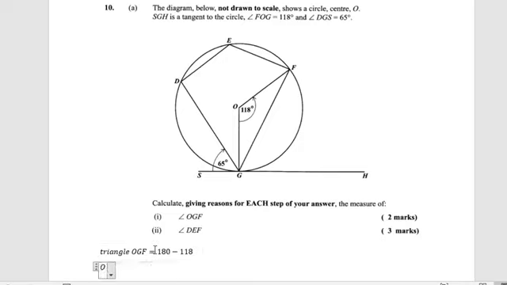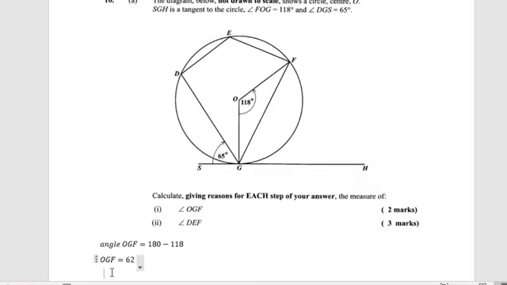So therefore, this should be angle OGF, which is equal to 62. So therefore the two remaining angles will give us a sum of 62 degrees.